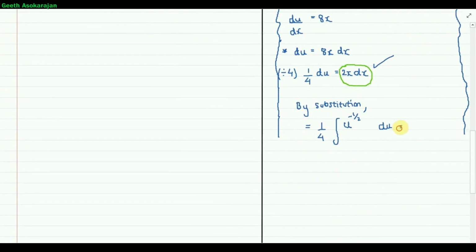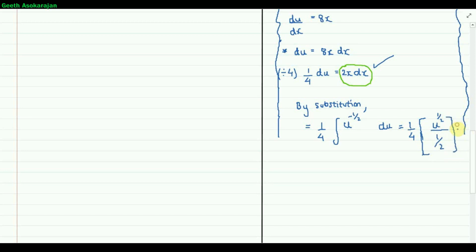Now let's continue along the line and integrate this. I have a quarter outside, so let me keep that outside while I integrate u to the power minus half. Adding 1 to the power gives u to the power plus half, divided by half. So add 1 to the power, divide by the result of adding 1 to the power.